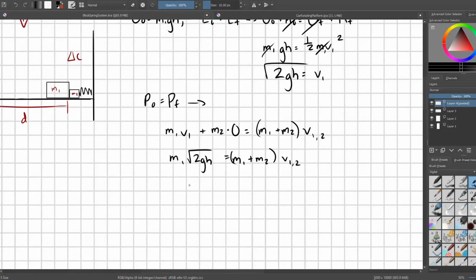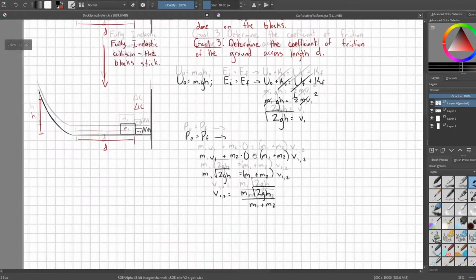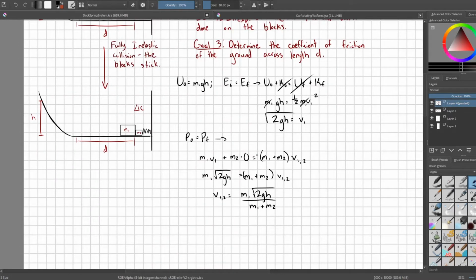So this term V1,2 equals M1 root 2GH over M1 plus M2. Alright, we are getting there now.